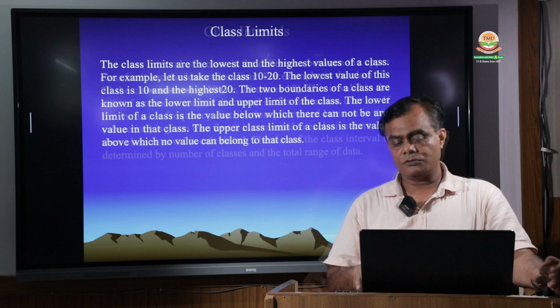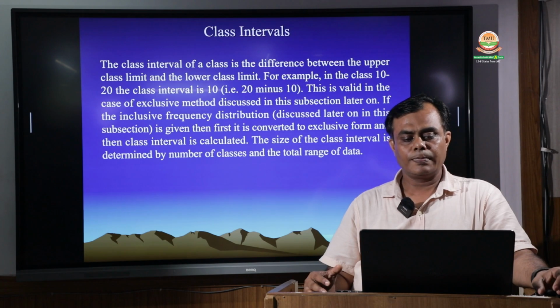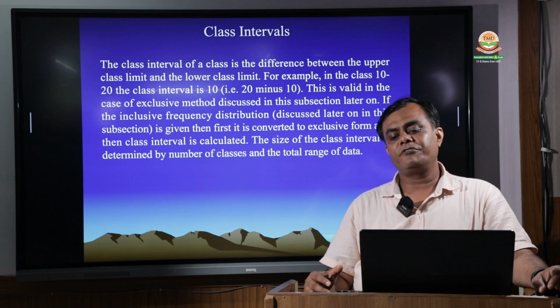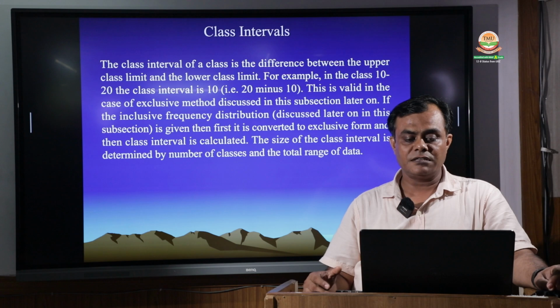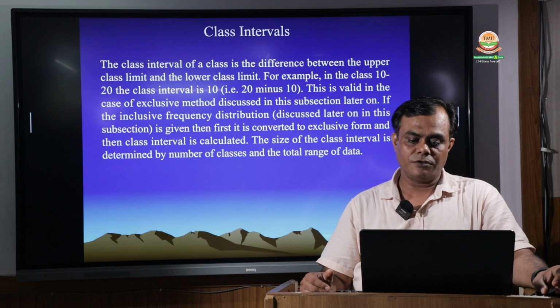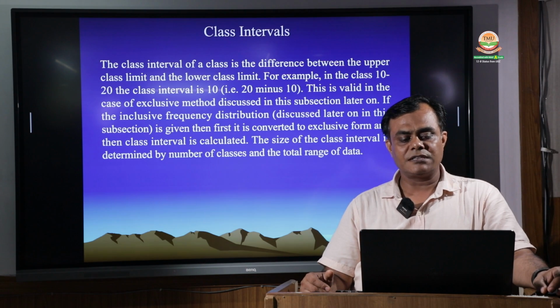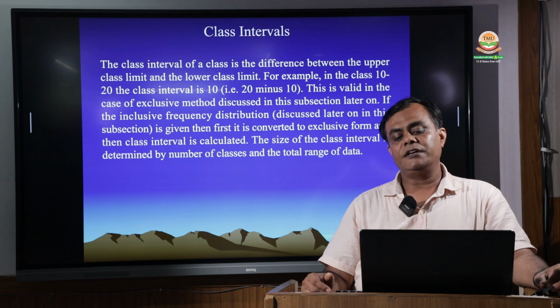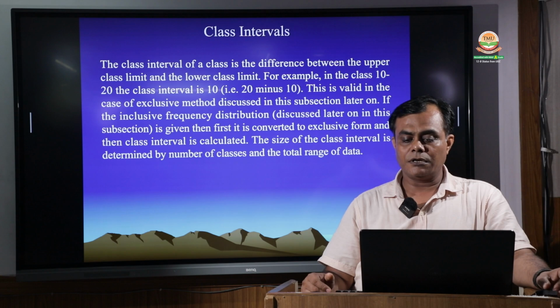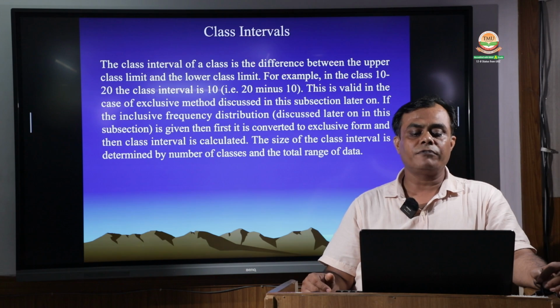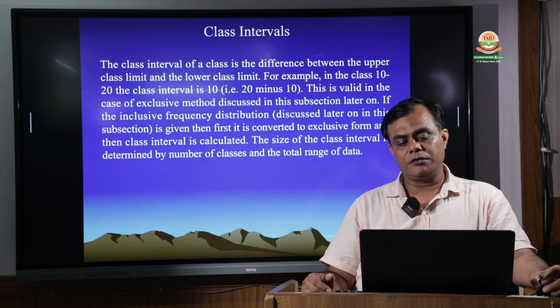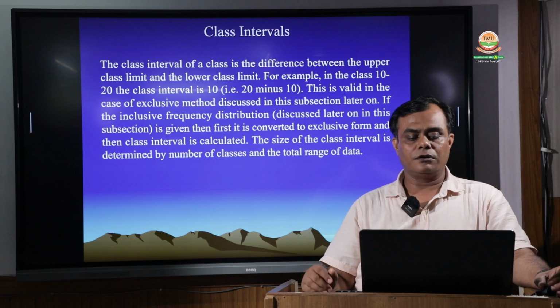The class interval of the class is the difference between the upper class limit and the lower class limit. For example, in the class 10 to 20, the class interval is 10, that is 20 minus 10. This is valid in the case of the exclusive method, discussed in this subsection later on.